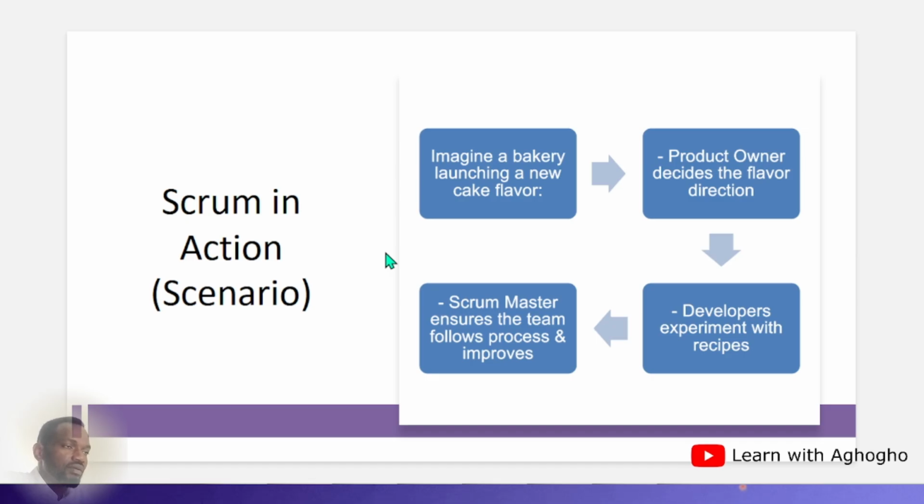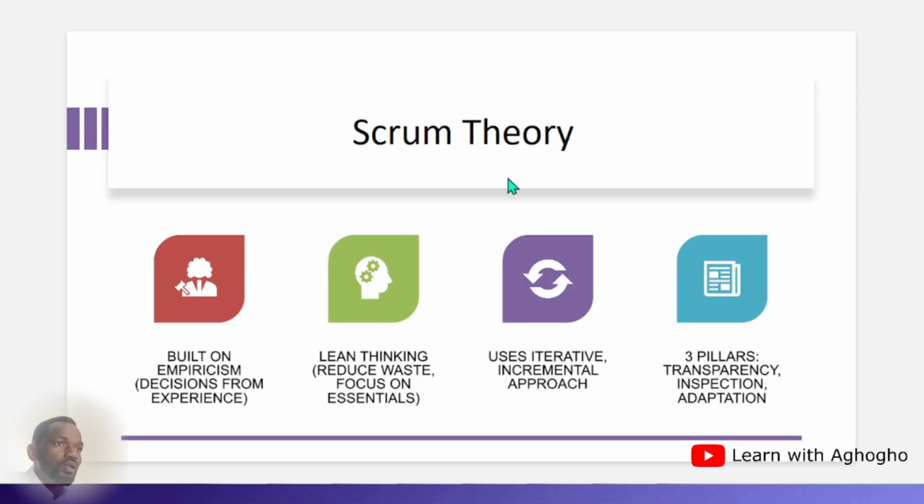So that's the person doing the preparation of the dough, the caterer, who does all that testing to make sure they get the right recipe for the stakeholder, while the Scrum Master ensures the team follows the process and improves on the existing process. So that is the Scrum in action.